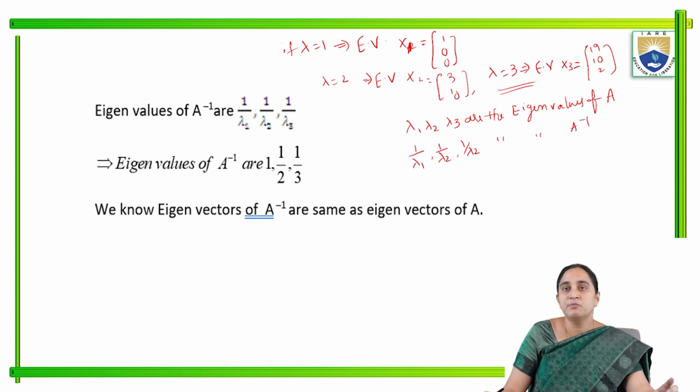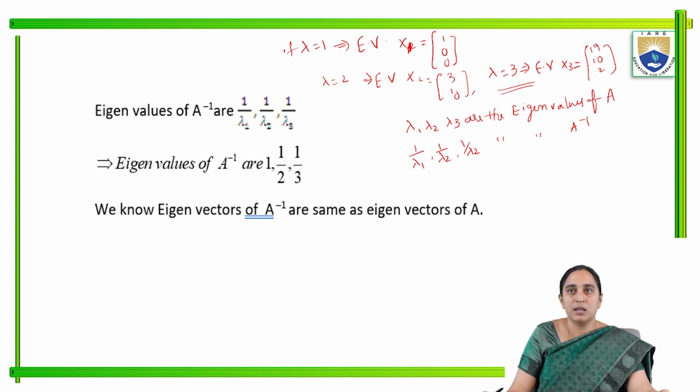This is one of the properties for finding eigenvalues of A inverse. The eigenvalues of A inverse are the reciprocal values, 1 by lambda 1, 1 by lambda 2 and 1 by lambda 3.